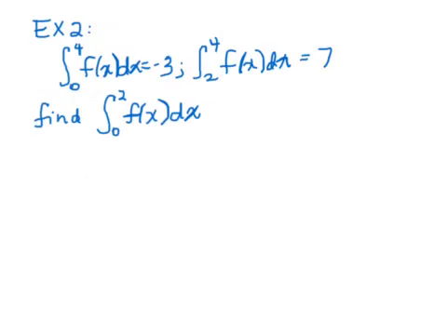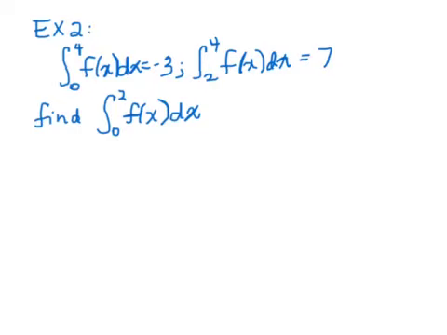Okay, for this example, I've got two integral values for f of x, and one of them is larger than the other one. I have one that goes from 0 to 4, and then one that goes from 2 to 4. And so I'm going to use that information to find the value of 0 to 2.